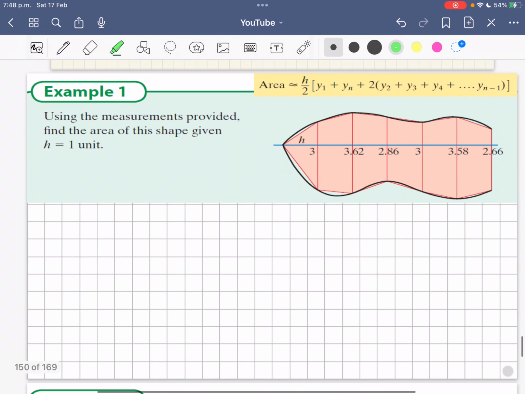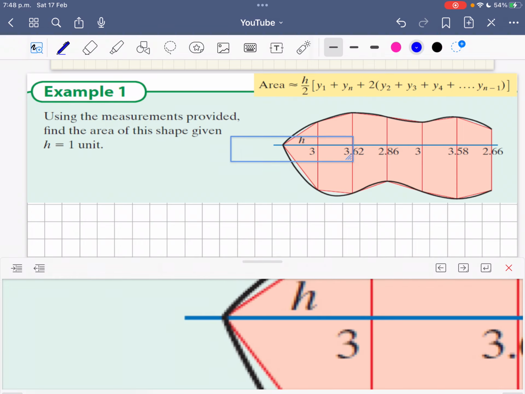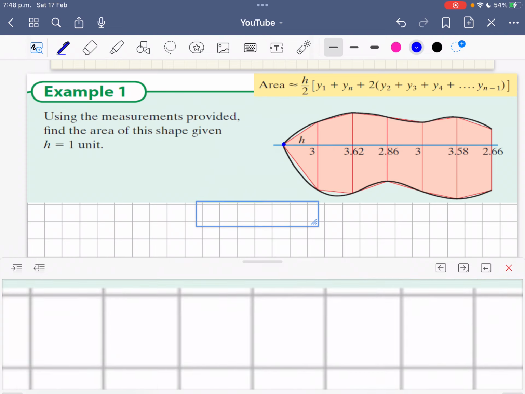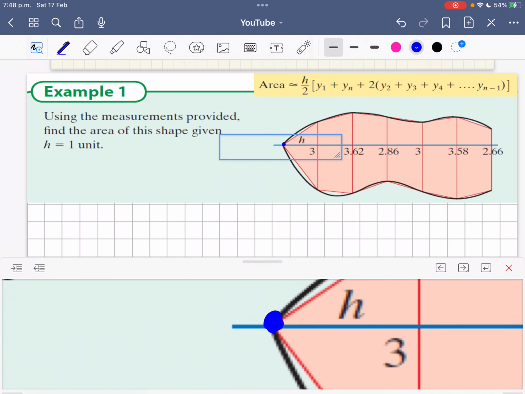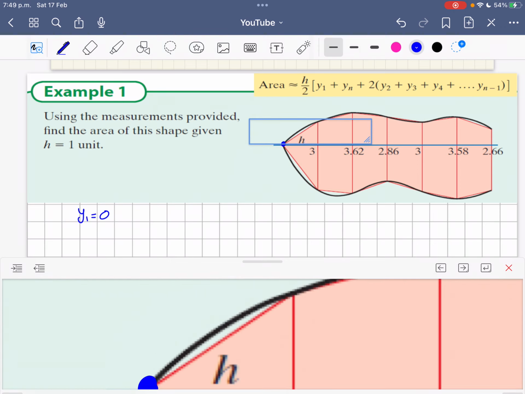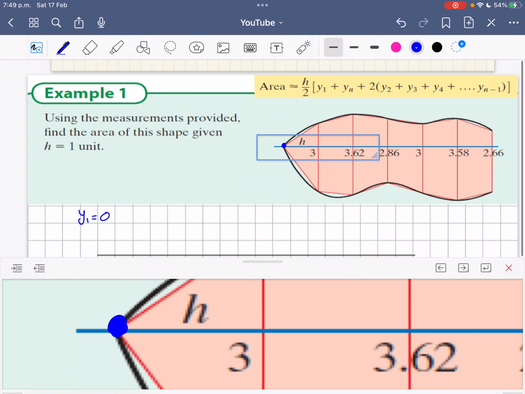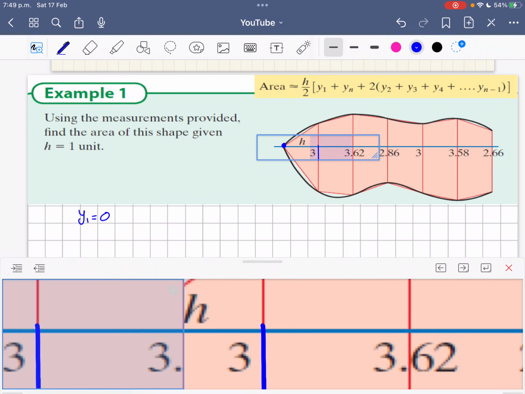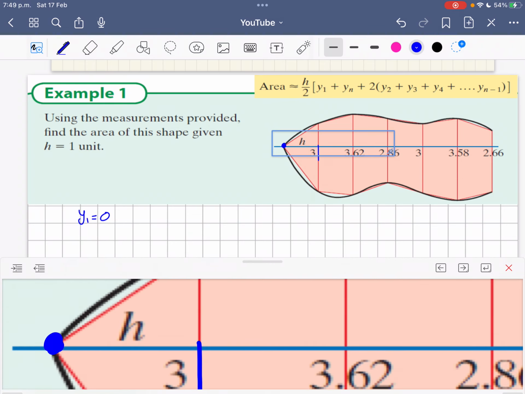That's how it would be given in your log tables. Here, this is y1. That point there is y1. y1 is actually equal to 0. And then y2 is this height, which is approximately 3.